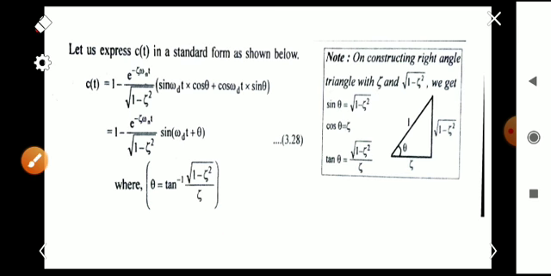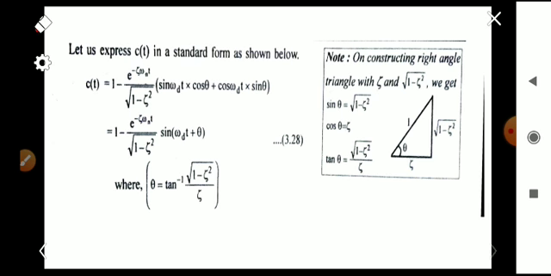You can see sin omega d t cos theta plus cos omega d t sin theta. Where the value of theta is tan inverse of root of 1 minus theta square by theta. So this is the response of the system.